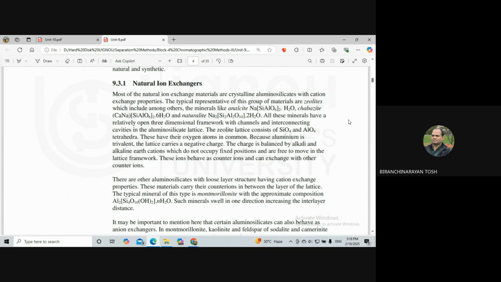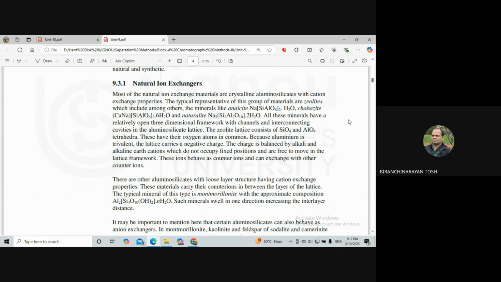If you know the structure of silicate or silica, SiO2, it has a tetrahedral structure, and silicon is connected to other silicon through oxygen linkage. So there is a cavity, as the tetrahedral structure will have some vacant space.